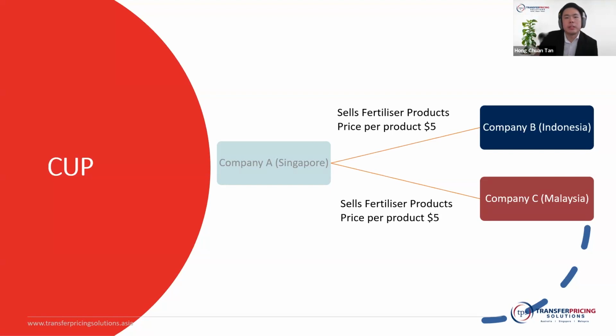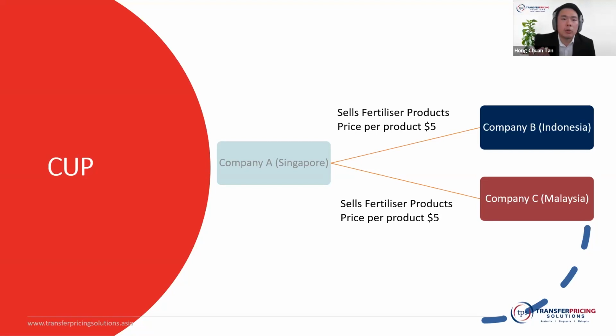So this is called internal CUP, where we use internal data to compare against. Now, there are other challenges involved. Let's say that both company B and company C are related parties of company A, for example, and there is a lack of internal data.